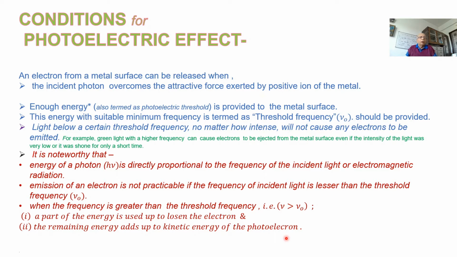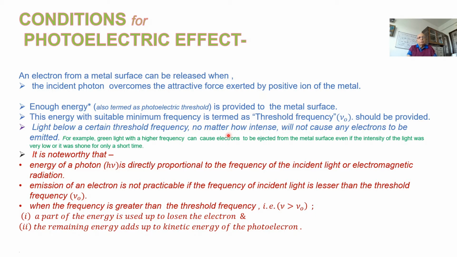And only then electrons will be free to come out of the surface or to get emitted. Means enough energy, which is also known as photoelectric threshold, should be provided to the metallic surface. Only then the electrons will be released.